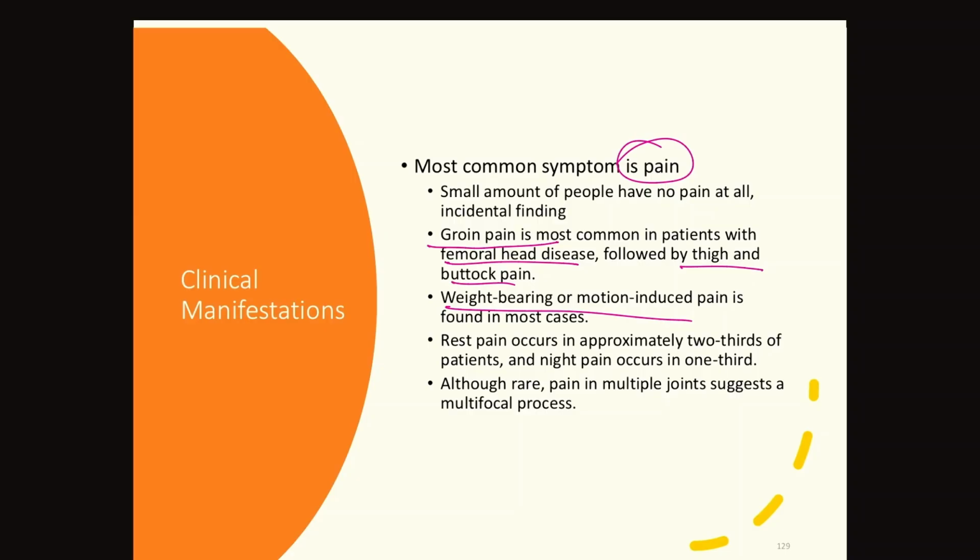Rest pain occurs in approximately 2/3 of patients, and night pain in about 1/3. Although rare, if you have multiple joints, there may be an underlying process going on. Usually, avascular necrosis will be just one area, but if it happens in different areas, something else is going on, you gotta start exploring different things.